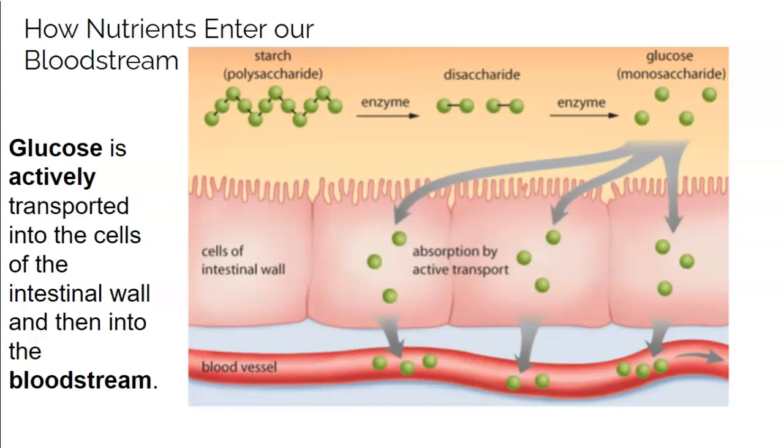It's not physically reaching, but glucose is running past it. It's grabbing that glucose and it's actively, this is key, actively transporting it into the intestinal walls, where then it's actively transported into the bloodstream. Your small intestine is covered with capillaries. Those capillaries then absorb the glucose and take it off to the rest of your body.